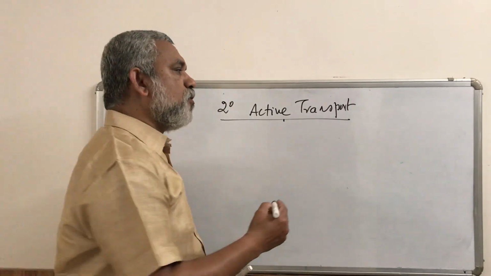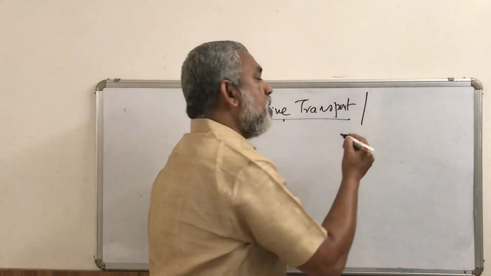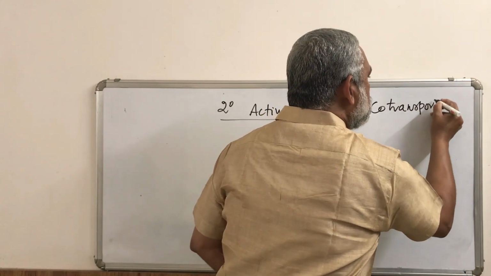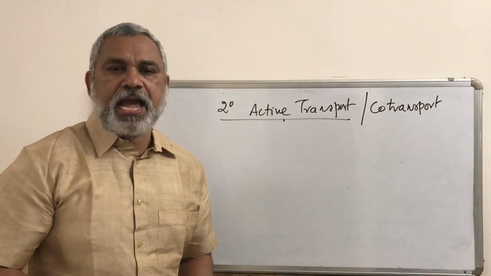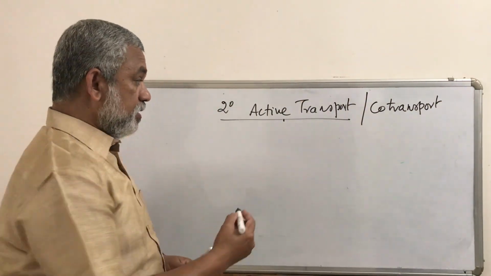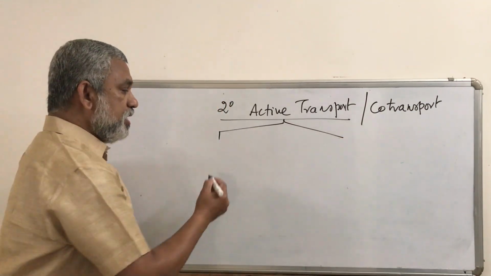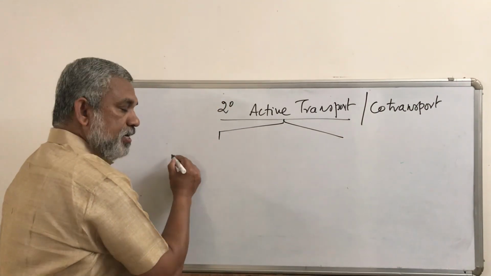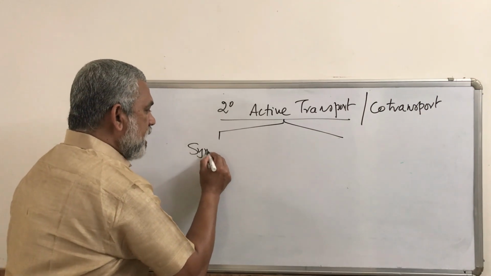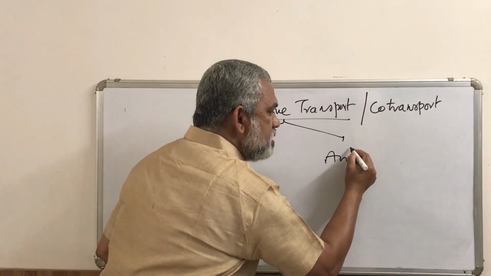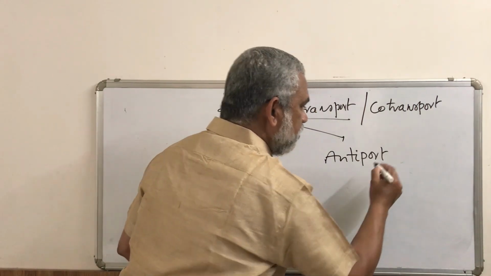Secondary active transport is also known as co-transport. There are 2 kinds of secondary active transport that have been observed. The first one is called the symport mechanism, and the second one is called the antiport mechanism.